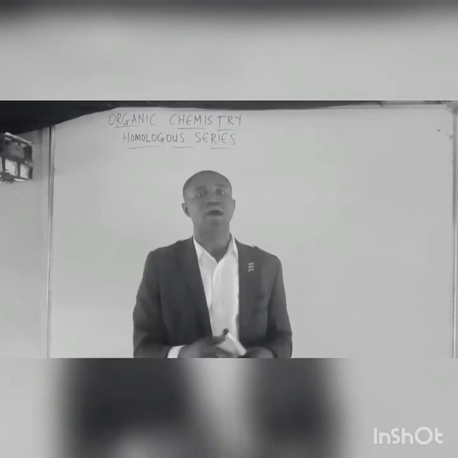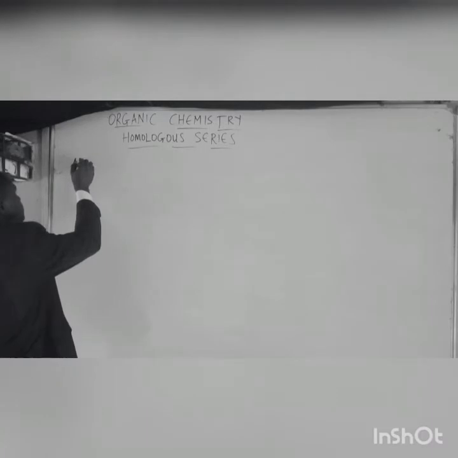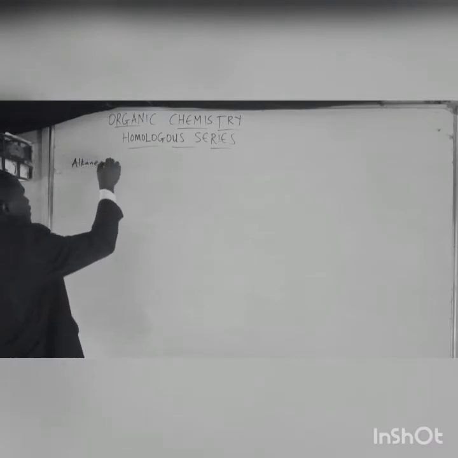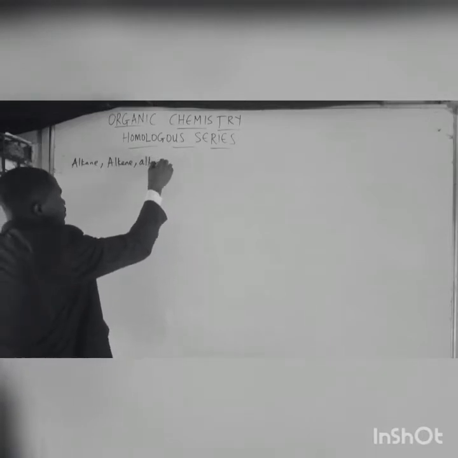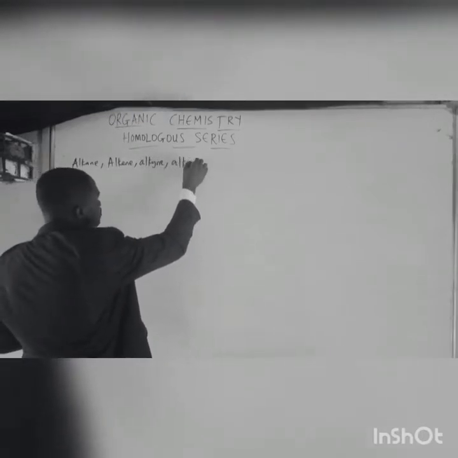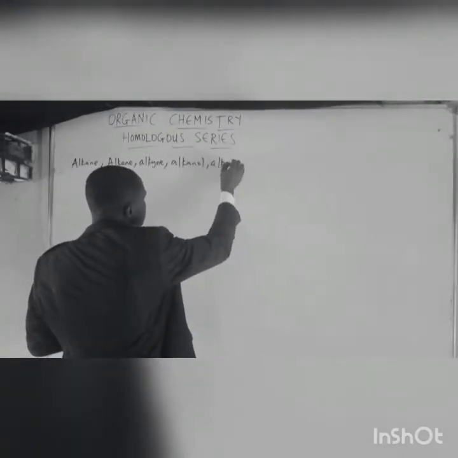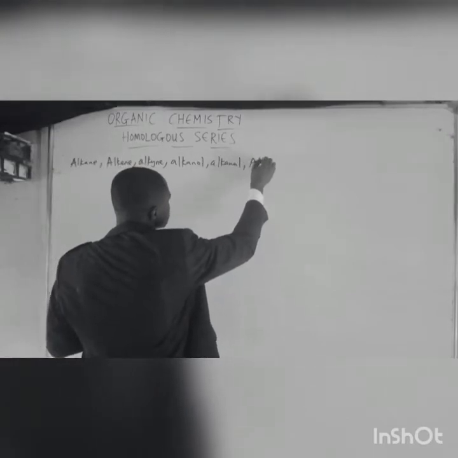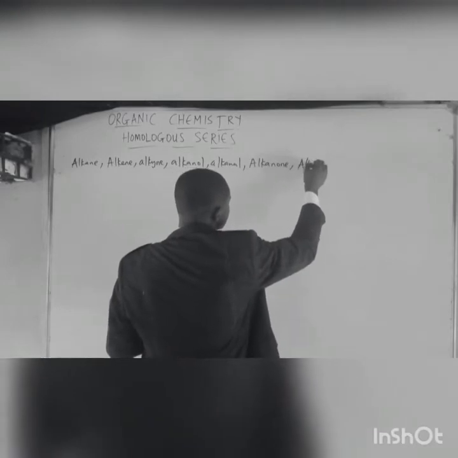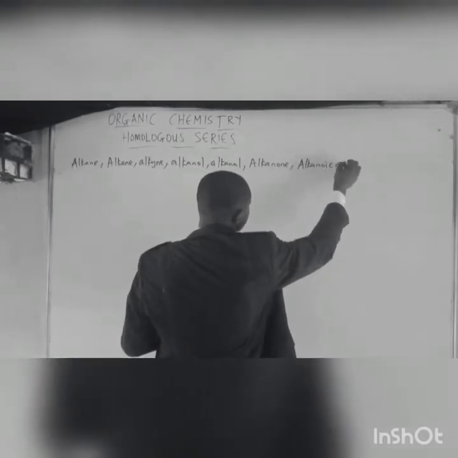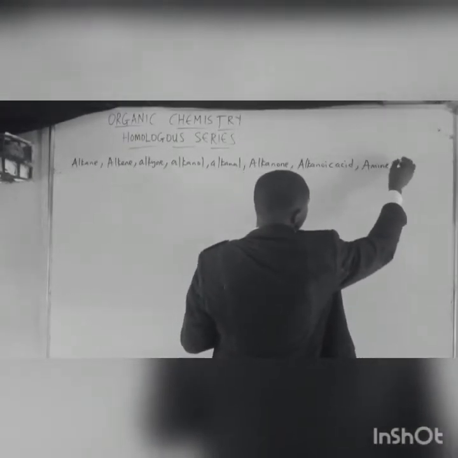We have many families of organic compounds, and one of them is alkane. Alkene, alkyne, alkanol, alkanal, alkanone, alkanoic acid, amine, amide.